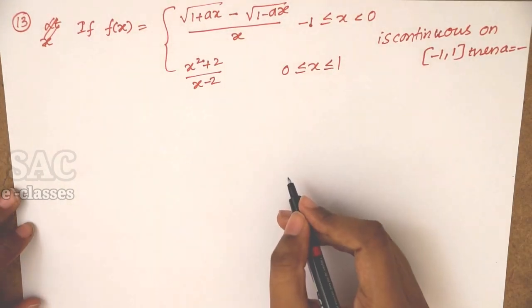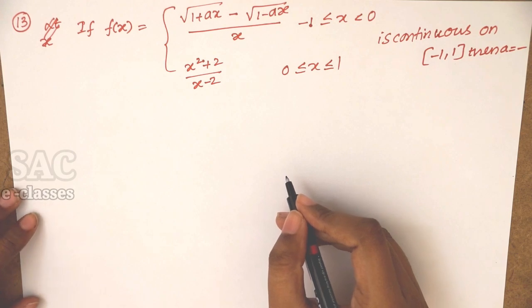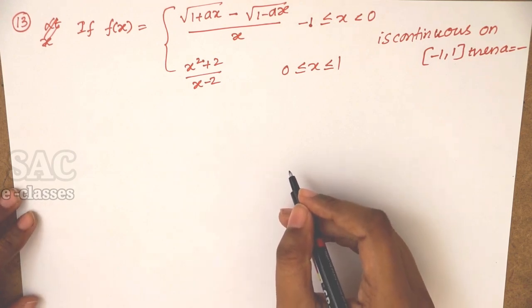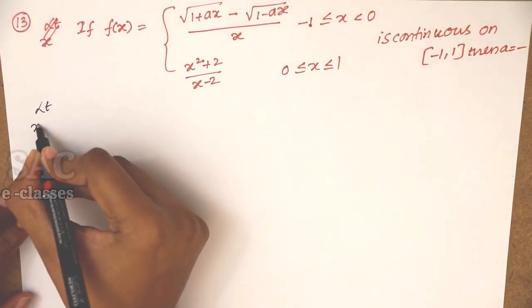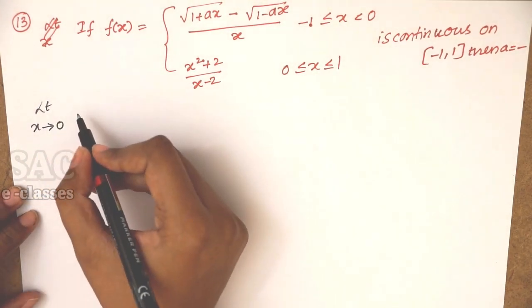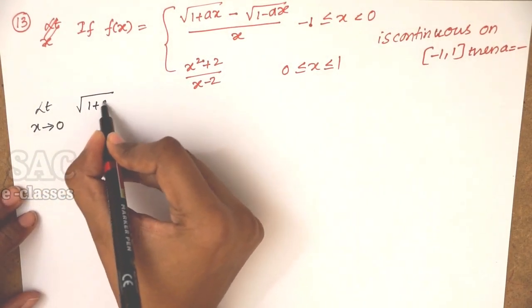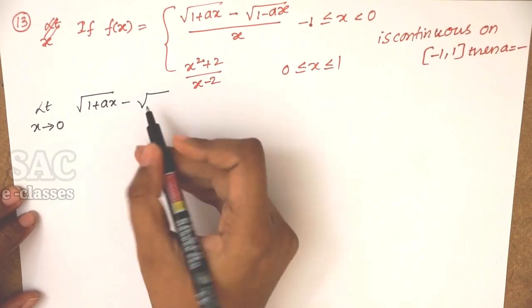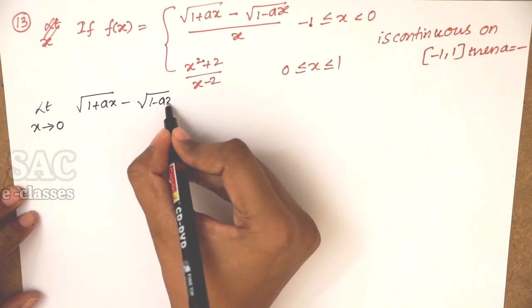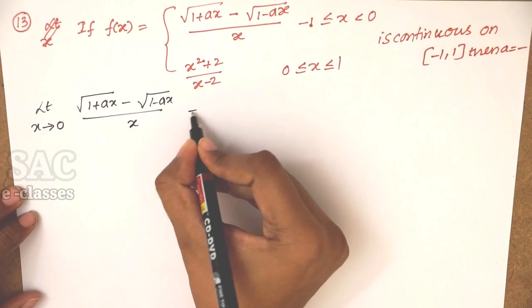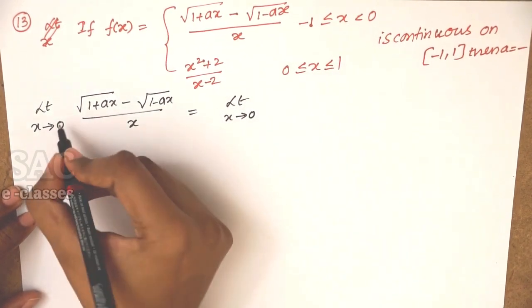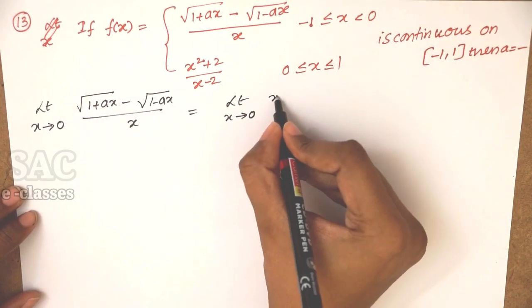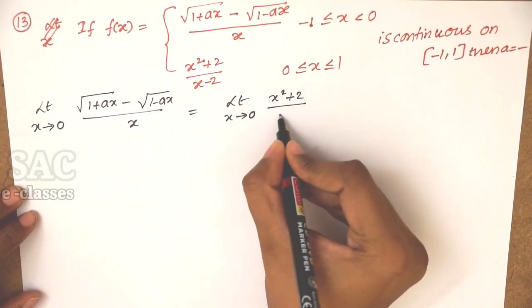Let us move to the next problem. Look at problem number 13. It's a very important model. Again it is a continuity type. You know that if it is continuous, LHL is equal to RHL. So limit x tends to 0 of (root over 1 plus ax minus root over 1 minus ax) by x is equal to the limit as x tends to 0 plus and 0 minus of (x square plus 2) by (x minus 2).